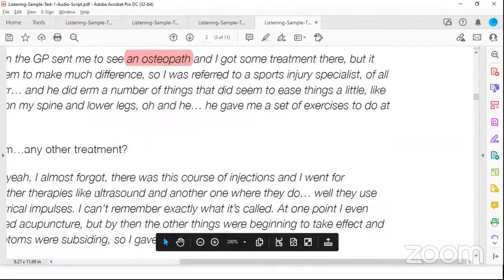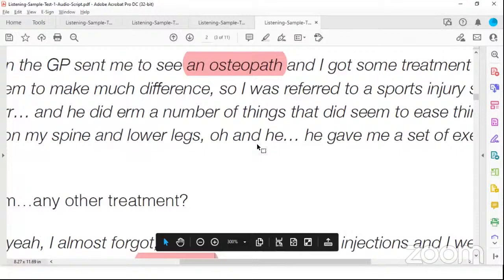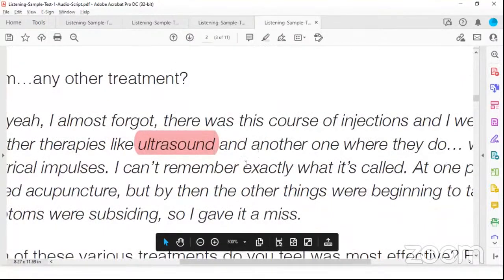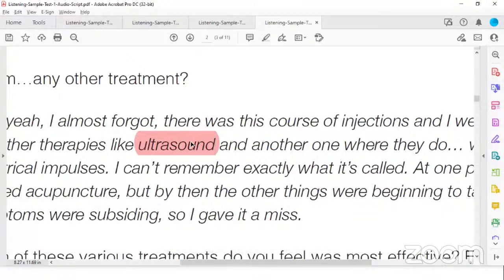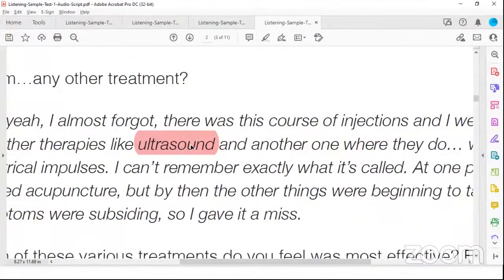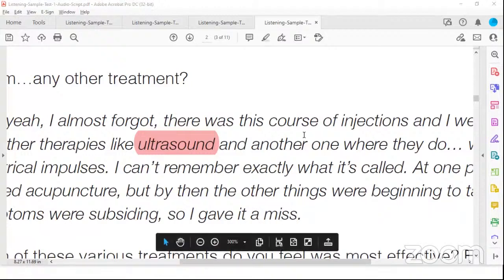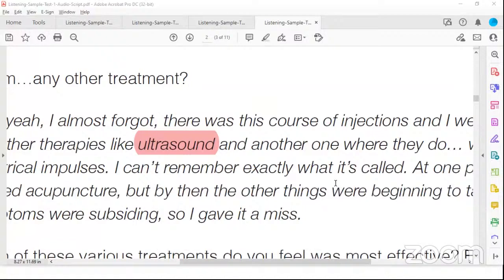Where did you hear 'an'? Just ultrasound. Therapies like ultrasound, ultrasound therapy. So you can just write ultrasound.